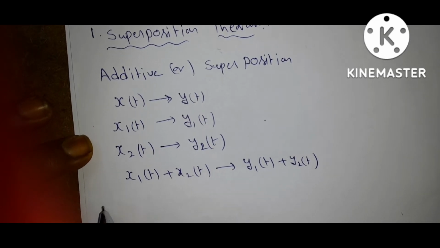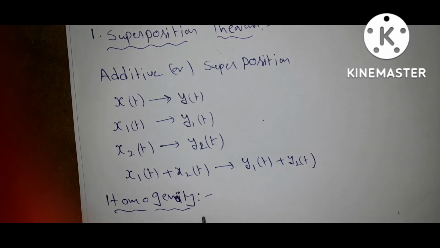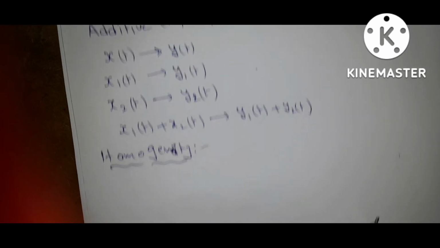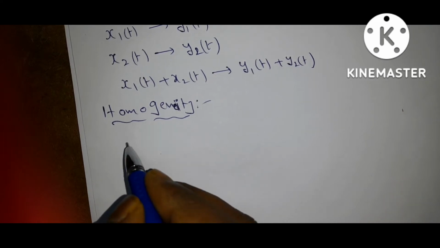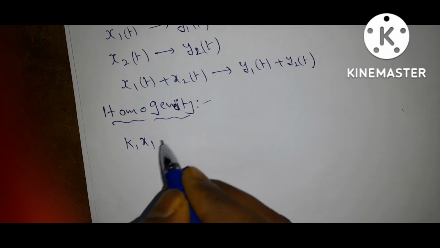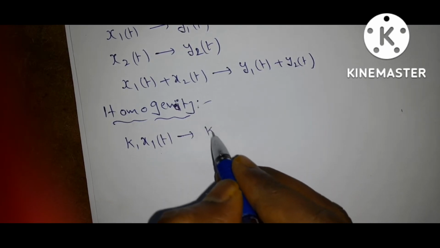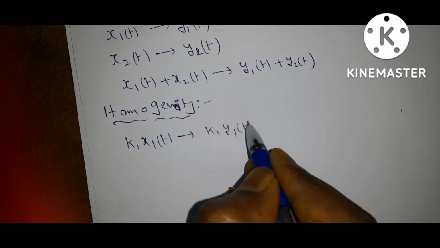The second principle is homogeneity. In homogeneity, if the input x1 is multiplied by k1, then the response y1 is multiplied by k1.